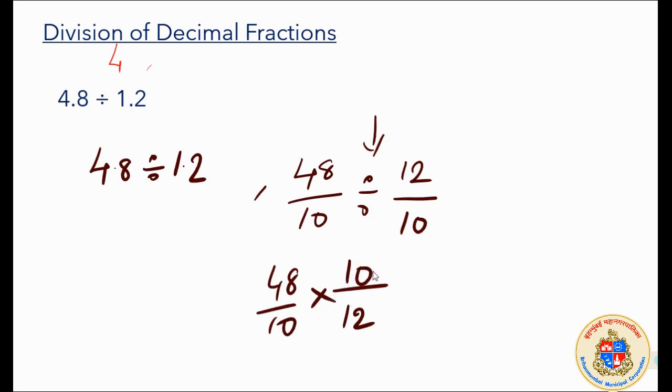And here we can see that this can get cancelled. 48 upon 12. The answer would be 4. Understood? So this way we can solve the situation of division by converting the decimal fraction into simple common fraction and multiplying with the multiplicative inverse. That is the technique.